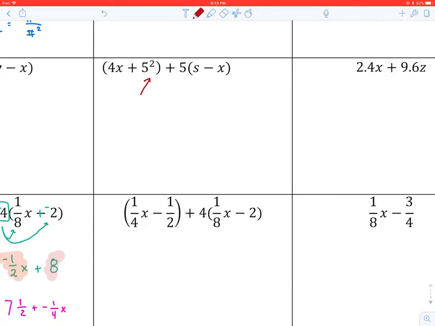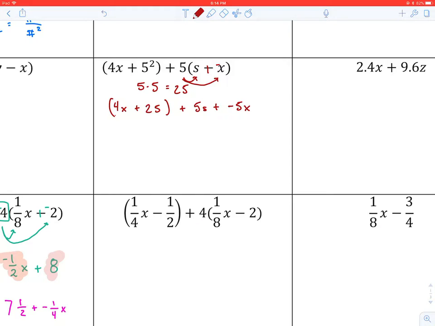Number 5, we've got the same thing, another exponent here. The exponent is telling me that I need to multiply 5 2 times. So that's 5 times 5, which equals 25. So that 5 to the power of 2 equals 25. So I'm going to put that here. And then I'm going to do the distributive property after I do this keep, change, change. 5 times s is 5s, plus 5 times negative x is a negative 5x.